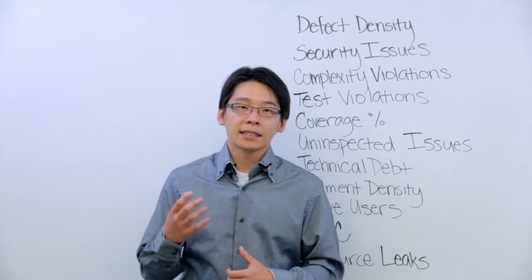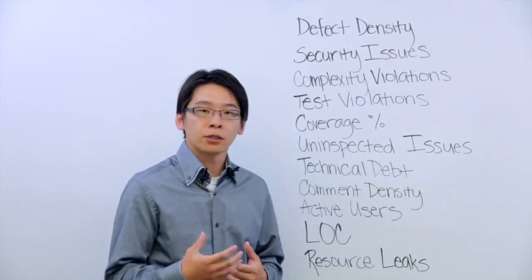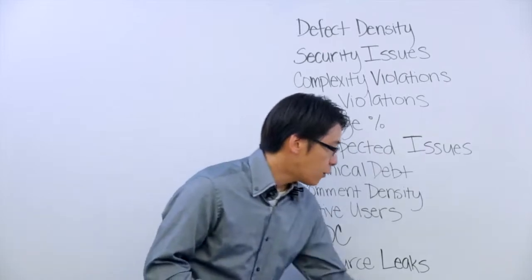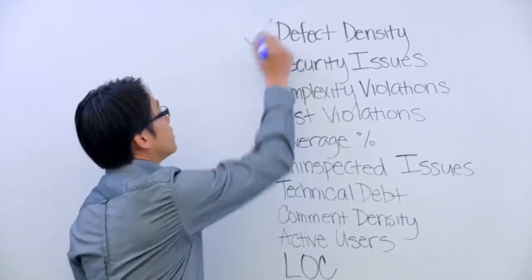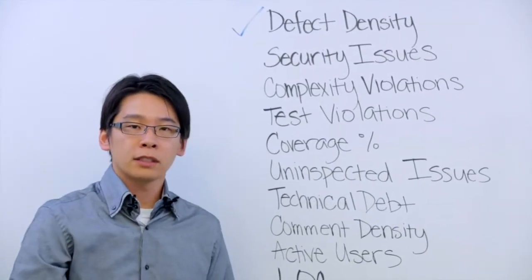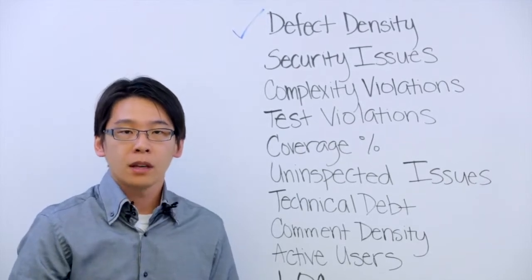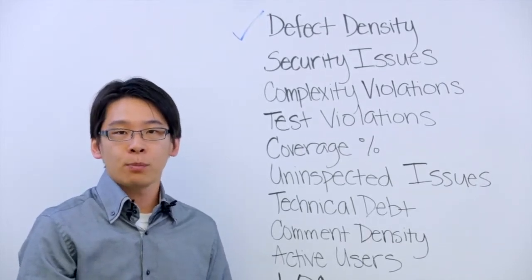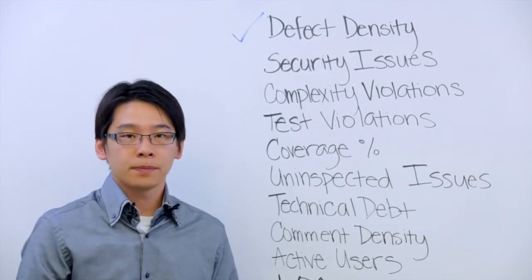So let's take as an example for this new project that development is about to start with. Now, for this new project, I care about defect density because I want to make sure that this is consistently low throughout the development process, and I want to track it over time. I want to make sure at any given point in time, QA is always ready to test this product.